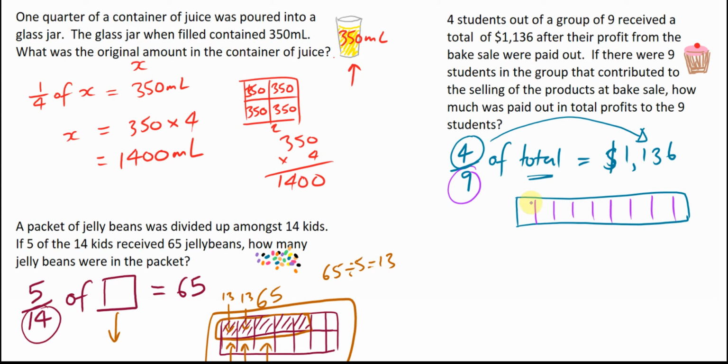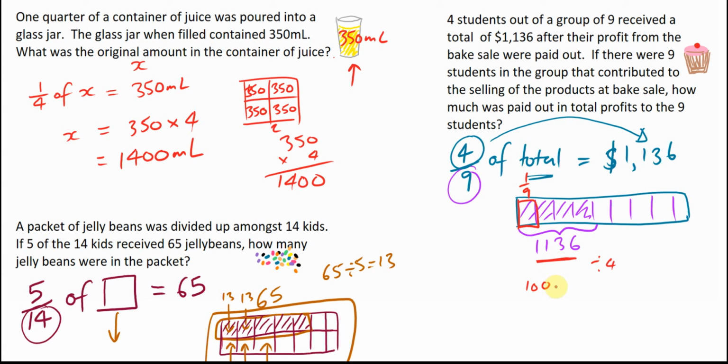And I know that 4 of them, 1, 2, 3, 4, so those 4 ninths there is the same as 1,136, which would mean that one of those sections, which is 1/9, will be this amount divided by 4. Okay, so 1,136 divided by 4.